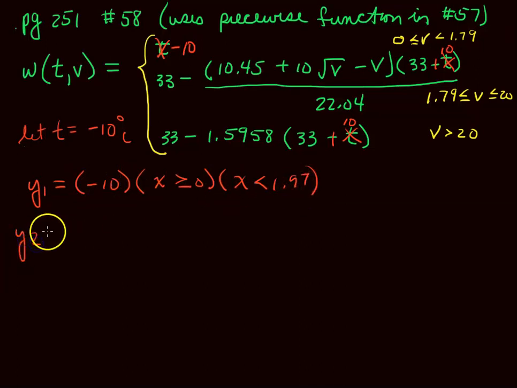For y2, I'm not going to write all of this down, but you're going to put in this, make sure it's 33 minus, and then you've got to start your entire fraction here, this quotient, and then you've got to put in the numerator, and the numerator has 2 of these parentheses, right? Then you close the numerator, then you can divide. So 1, 2, 3.